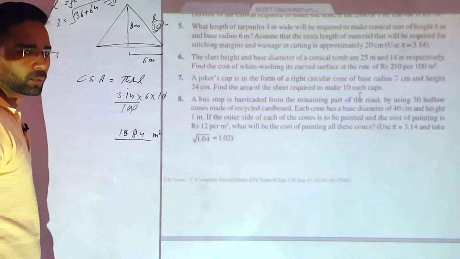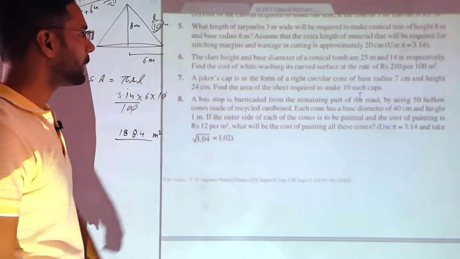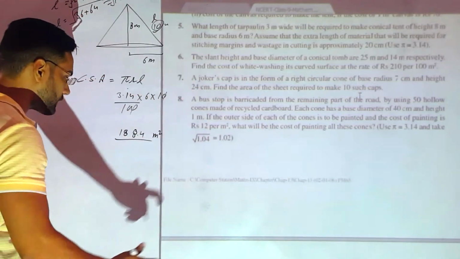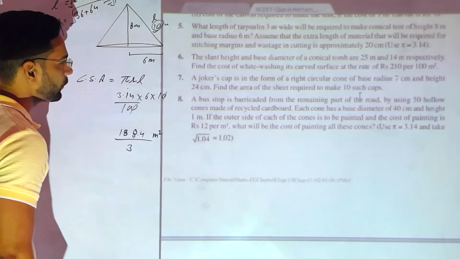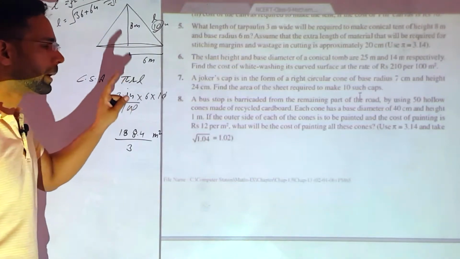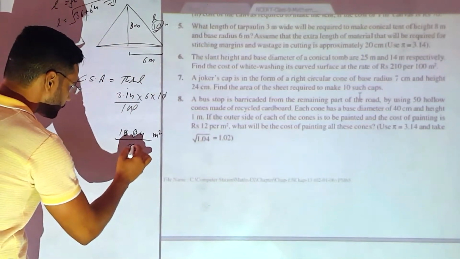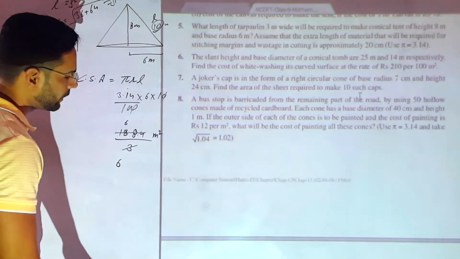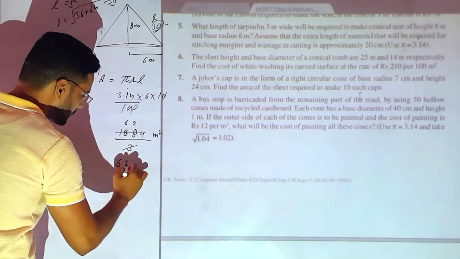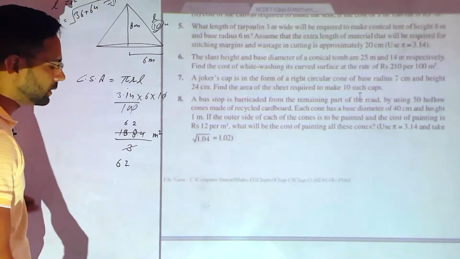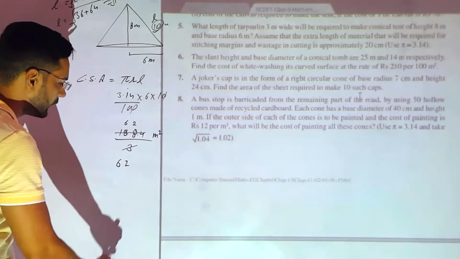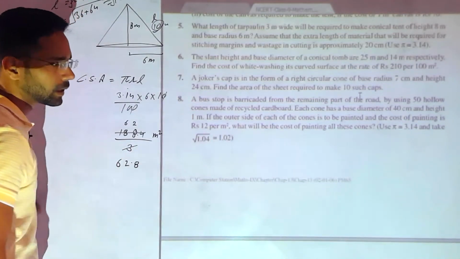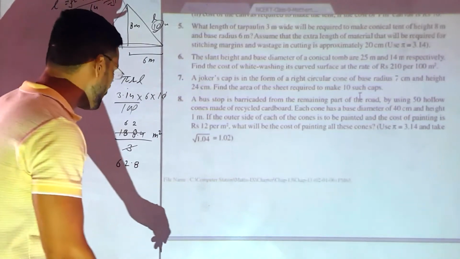Now, what should I do? 20 centimeter extra we need after the last. So first of all, we have to divide this answer by the 3 meter. 3 6 18, 3 2 6, 3 2 6, 7 8, 2 carry, 3 8 24.